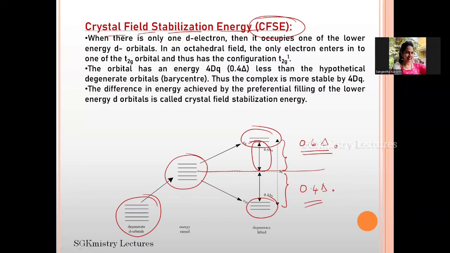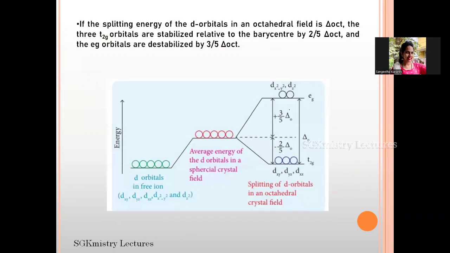You can also call it 4Dq, and this 6Dq. You can represent it in either way. Based on this we can calculate the crystal field stabilization energy.